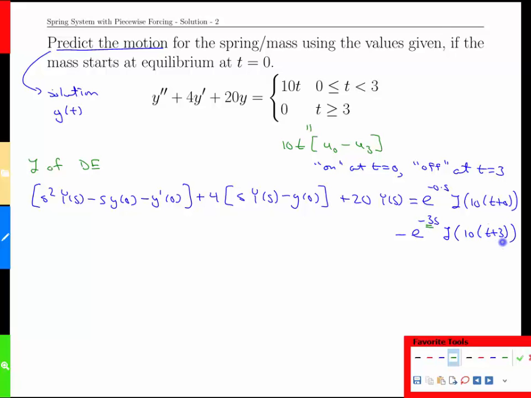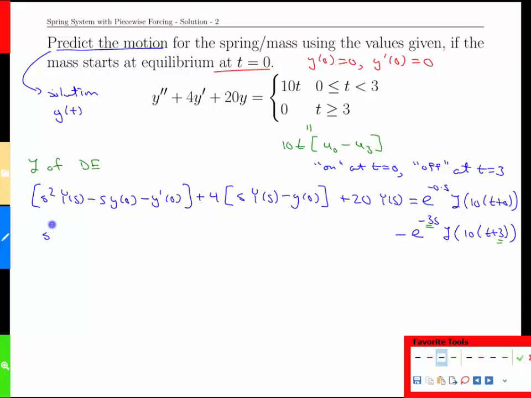Again, that 3 and that 3 are the same, and they come from the 3 in the step function. Fortunately, in this scenario, the mass starts at equilibrium, so y of 0 equals 0, and it starts with no velocity, so that first derivative is also 0.